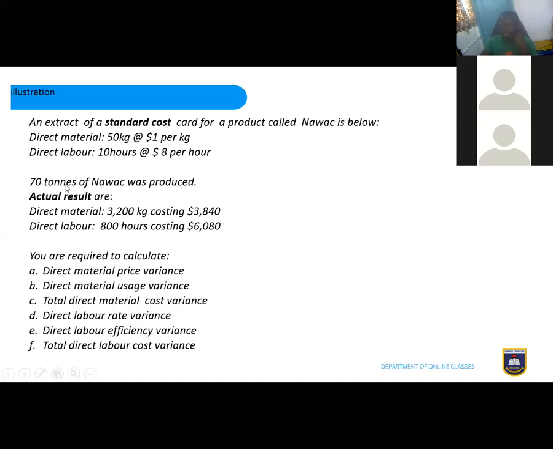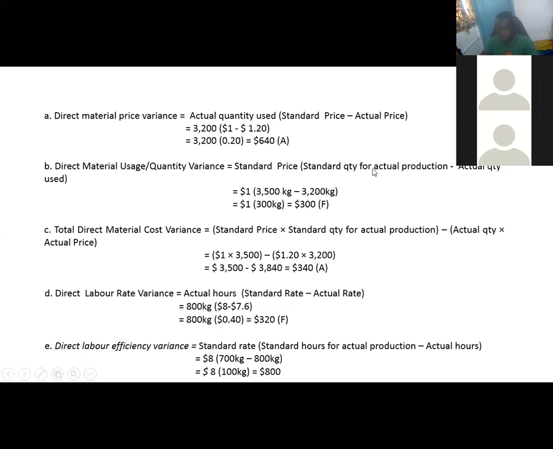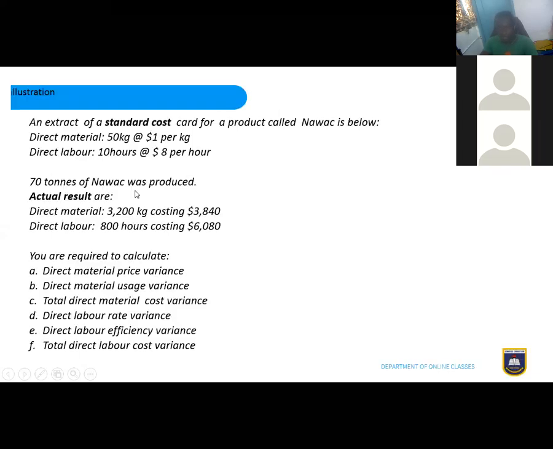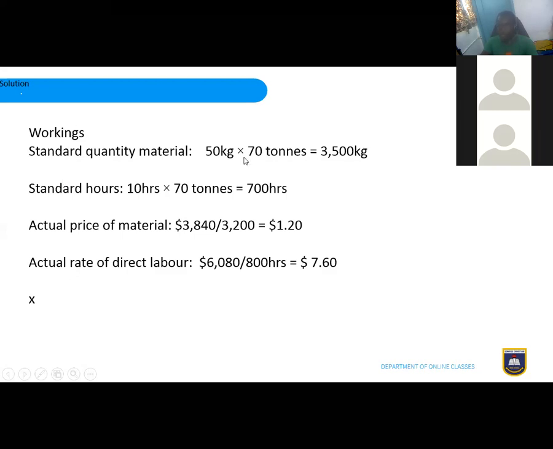So to find the standard quantity that was used, don't forget, it said standard quantity for actual production. We know direct material is 50 here. By the end of the day, this is what they used. But what was the total quantity produced? They produced 70 tons. So you multiply your 50 by your 70 tons, and that will give you 3,500 kilograms. Take notice of this.